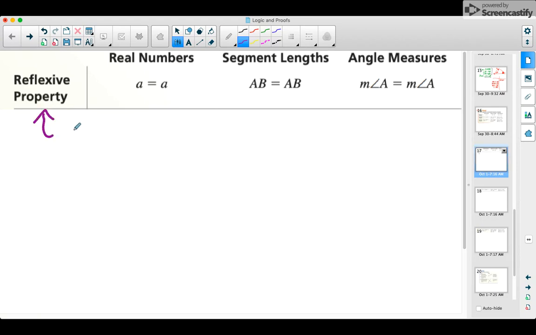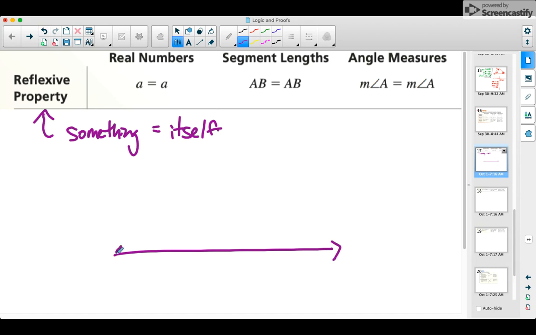So the name basically means something is equal to itself. You may be wondering, why in the world do we need a property like this? Well, it's more to help with things, for example, like if I'm talking about a line, we talked about how you name a line. We said you just need 2 points that are on the line to name it.